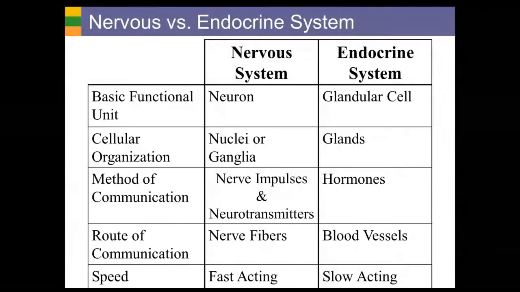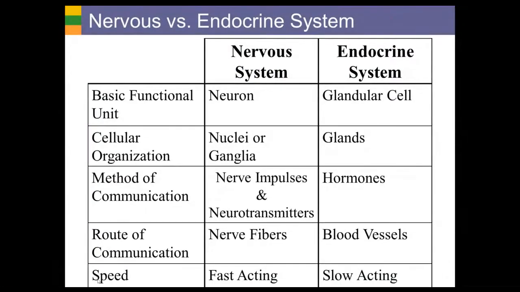So we said that the endocrine system is the slow controlling system. And to introduce the endocrine system, I covered this little table here that compared the slow controlling system to the fast controlling system, which you're very familiar with since we spent about a week and a half covering it, the nervous system.